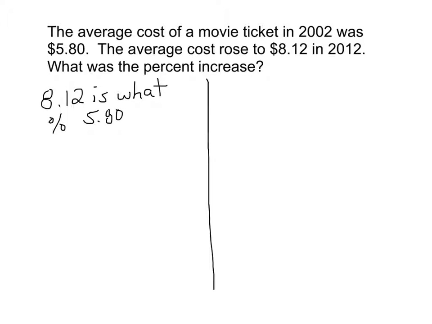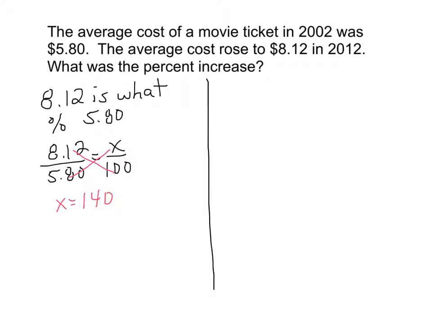As I set up my proportion for that, I'm going to have 8.12 over 5.80 is equal to x over 100. And then once again, when I solve this by using cross multiplication, I'm going to get an answer of x is equal to 140.